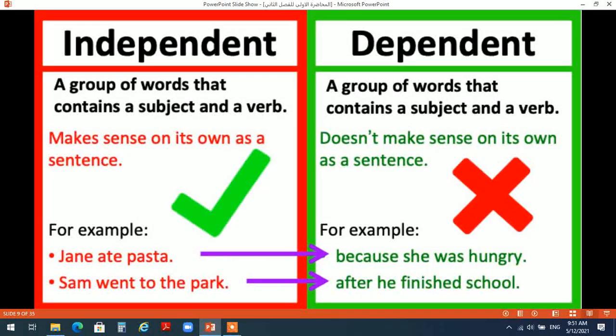Here also you can see the difference between the independent clause and the dependent clause.